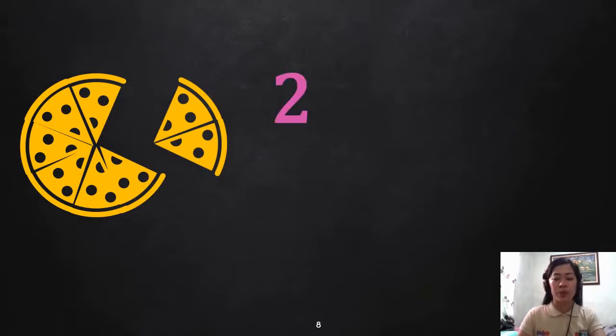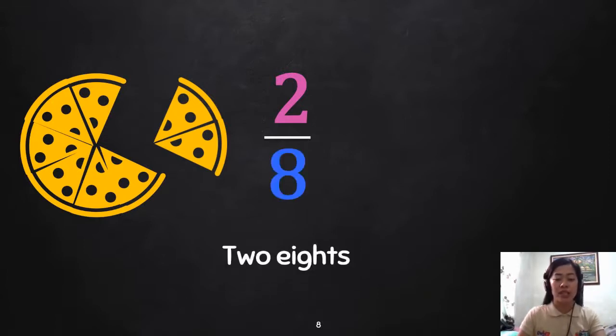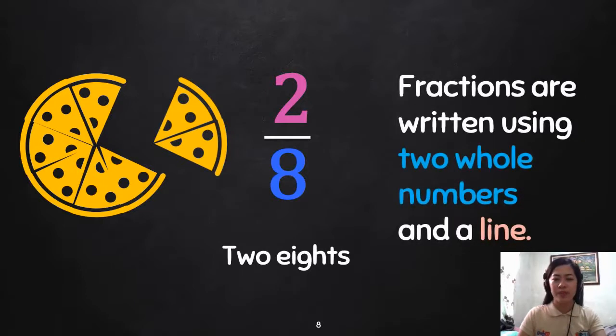So we will write 2. And then we will put underline below the 2. Then sa baba, we will identify the total number of parts. In the whole, in the pizza, it is 8. Therefore, in fraction, it is 2/8. Sa madaling sabi, fractions are written using 2 whole numbers and a line.